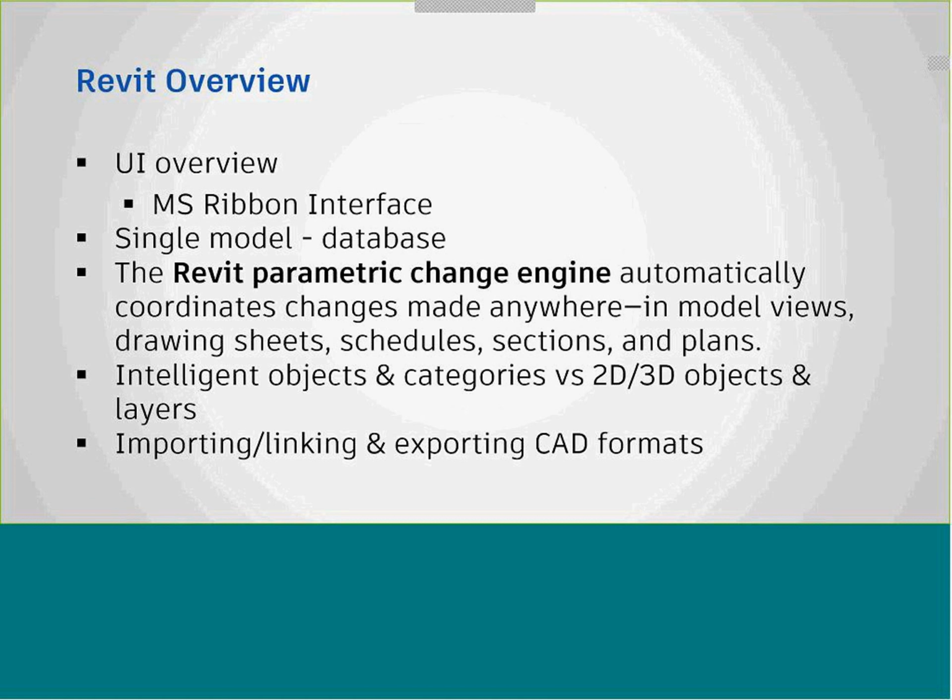Now, these objects are 3D objects, and they have intelligence. This intelligence means that they can relate to one another. So there is the concept of associativity between objects and annotations.